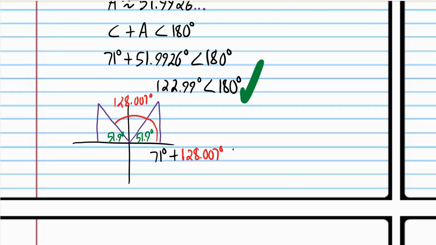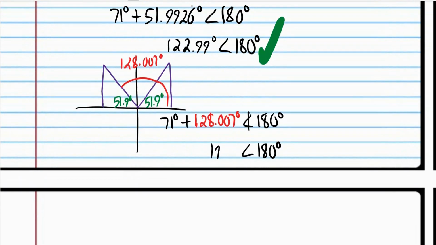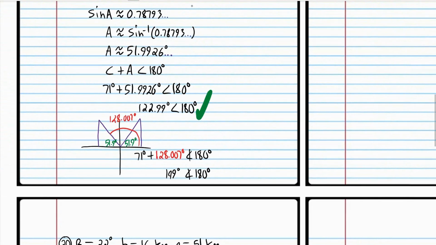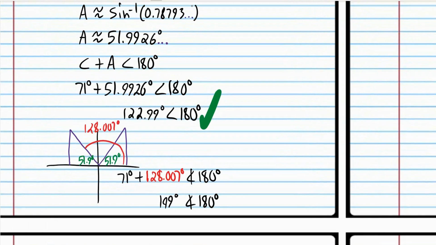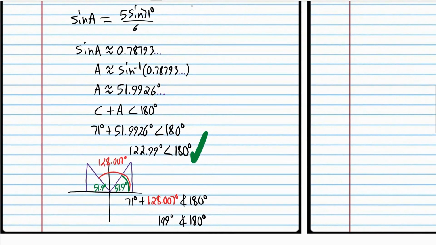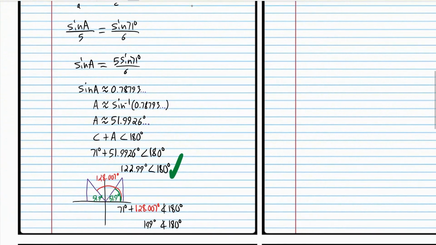And we're just showing the work here, but you can see obviously that that's not going to be a correct inequality, because we get 199 degrees approximately. That's not less than 180. So that means that only the acute green angle here, 51.9 degrees, is going to work. So that means we have one triangle that's possible.